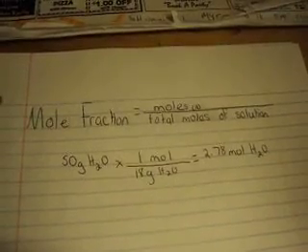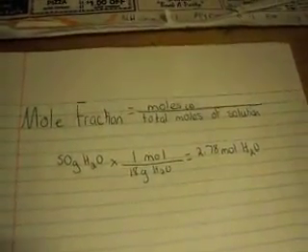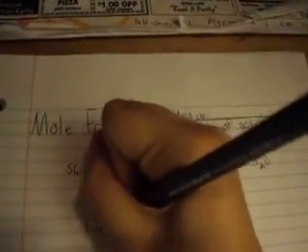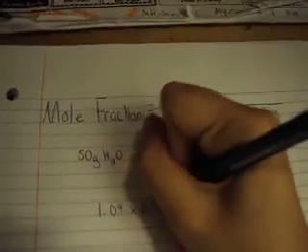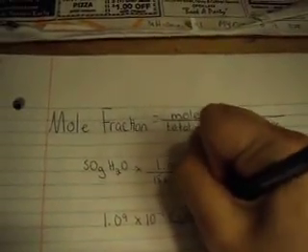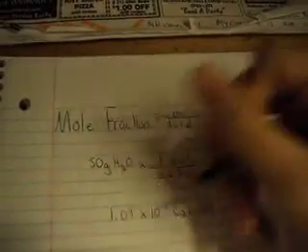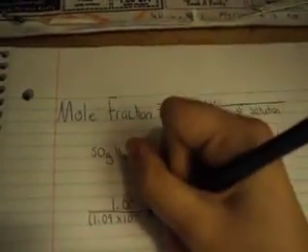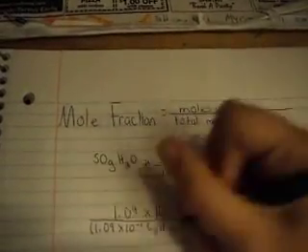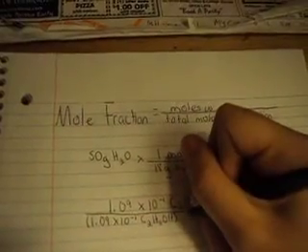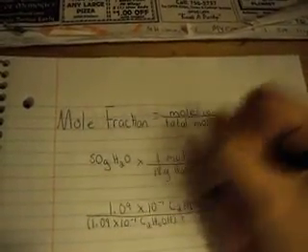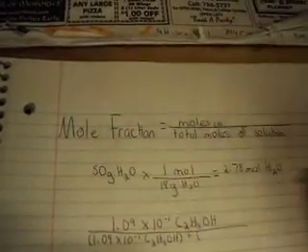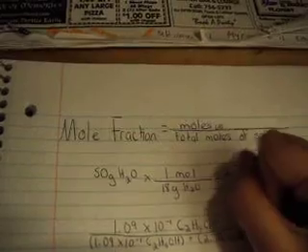Now, the mole fraction will be moles of ethanol, 1.09 times 10 to the negative 1, over total moles of solution, which is 1.09 times 10 to the negative 1 moles of ethanol plus the 2.78 moles of water.